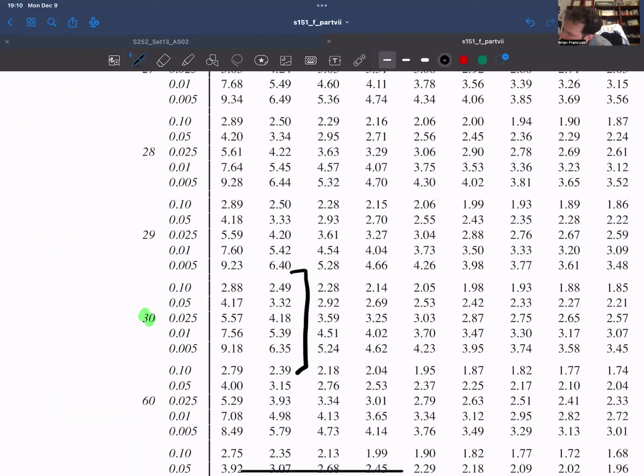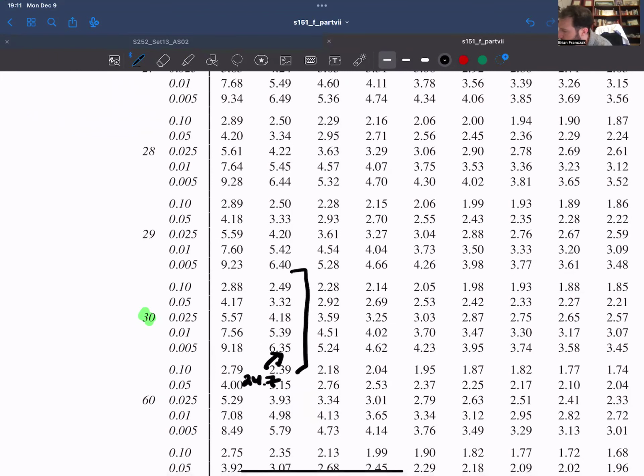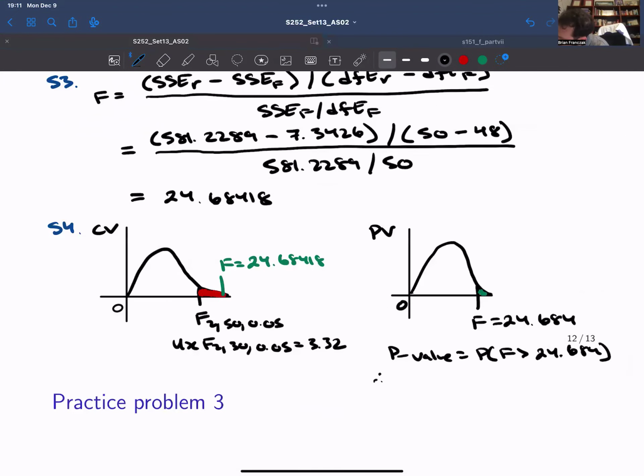So we're in this section. Our test statistic is going to be located here above the highest listed value. So if we're greater than the largest number in the column, we're less than 0.005. So again, we can say therefore the p-value is less than 0.005.